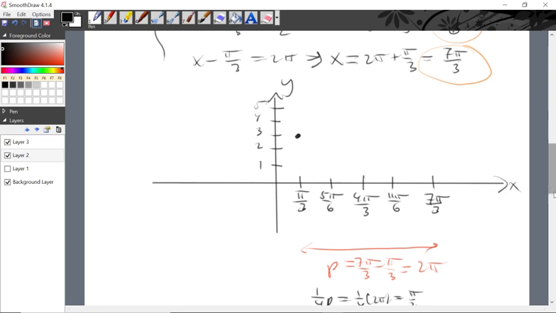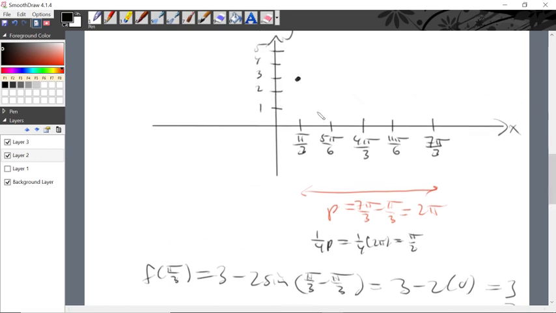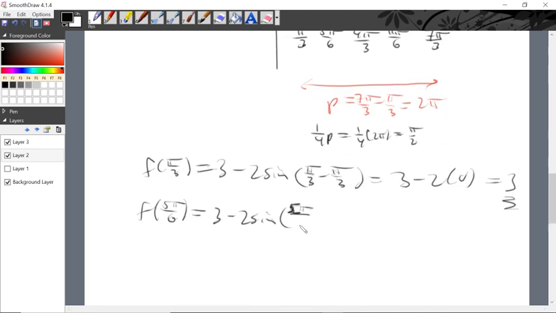What's going to happen if we plug 5 pi over 6 into there? We can plug 5 pi over 6 into the function and calculate it. I'm only going to do it for this one more output, because we already know that the next point should show up at a minimum. What was that minimum value? We predicted that this was going to go down to a minimum equal to 1 because the amplitude of the wave was 2.